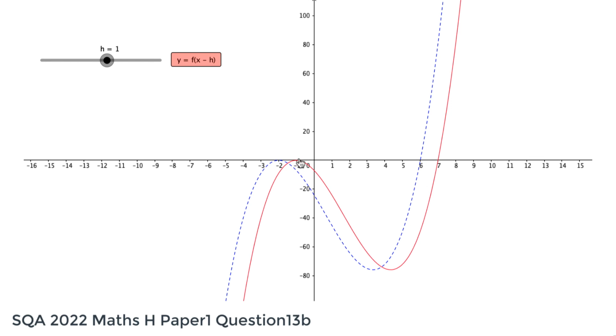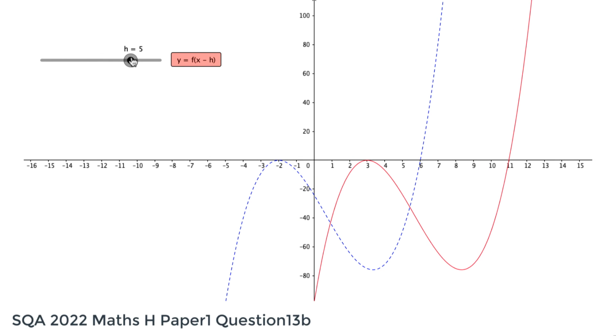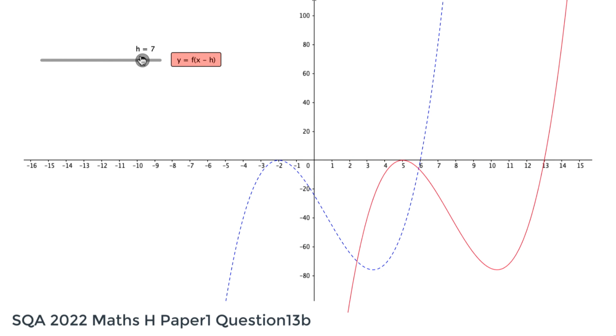So it's behaving at -1 like it used to behave at -2, because when we put -1 into this function, we get f of -2. And similarly, if we move to an h value of 2, x minus 2, let's move 2 units to the right, 3 units, 4 units, and so on. So when we subtract positive numbers from x, the graph moves to the right.